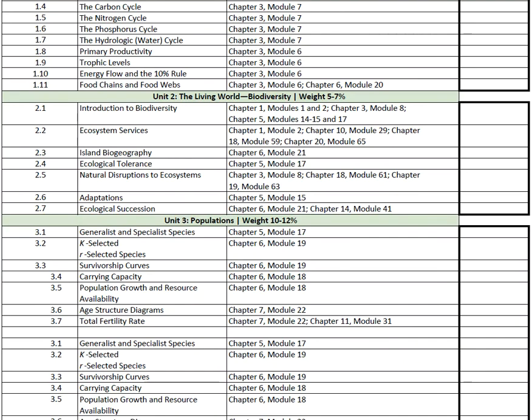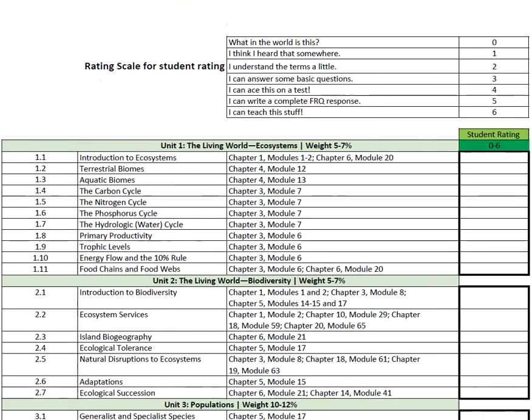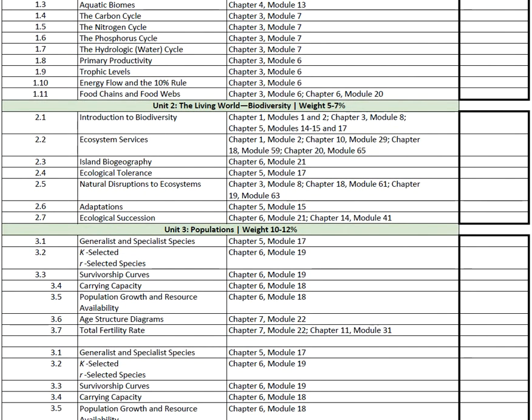self assessment that we had from earlier. If you look at that, you'll see that Unit 2 for AP is the Living World Biodiversity Unit. These are the chapters that coordinate with that from our textbook: chapters 1, 2, 3, chapter 10, one module from chapter 18 in ecosystem services, and chapter 6.